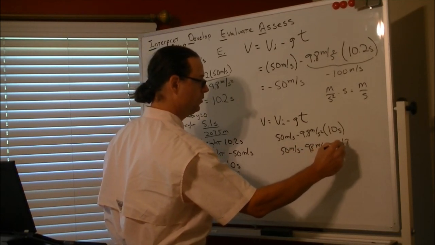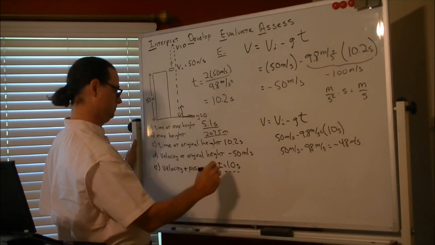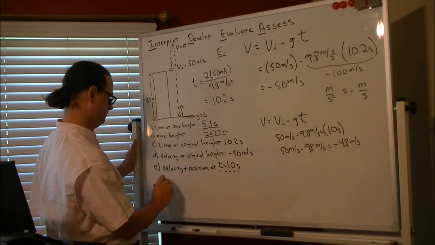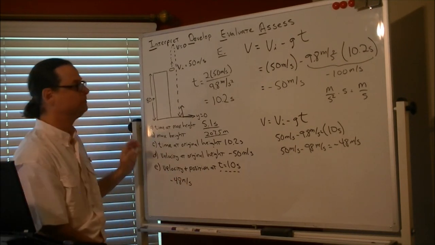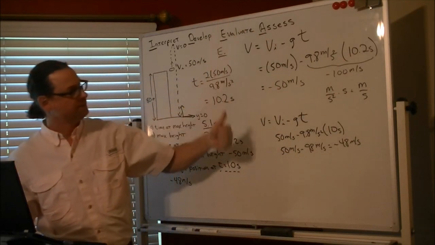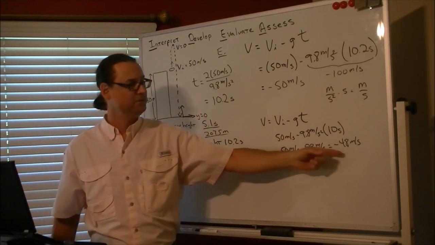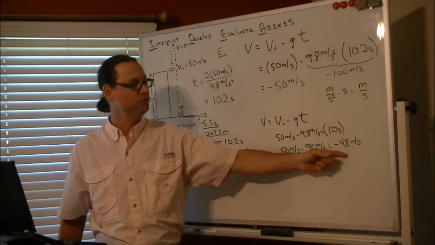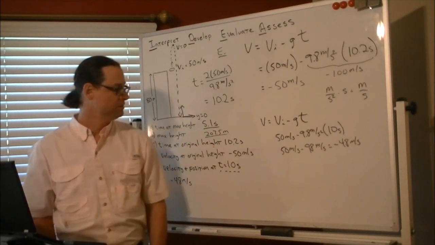So it's negative 48 meters per second. And let's evaluate that. Well, at 10.2 seconds, the velocity coming down was negative 50 meters per second, and at 0.2 of a second before that, it's very close and just has a little more acceleration to go to get to negative 50. So that makes sense.